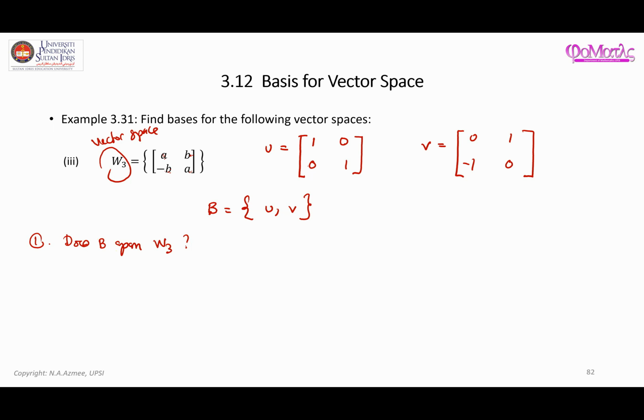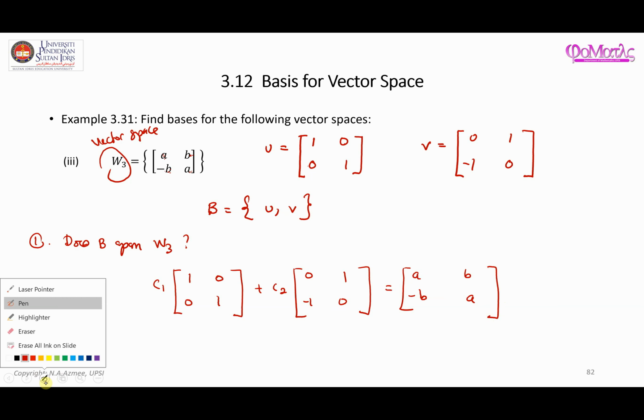So in other words, we need to show that there are values of C1 for the combination of this matrix plus C2 times 0 1 negative 1 0, where the result here is going to be something, and we're just going to call that A, B, negative B, and A.